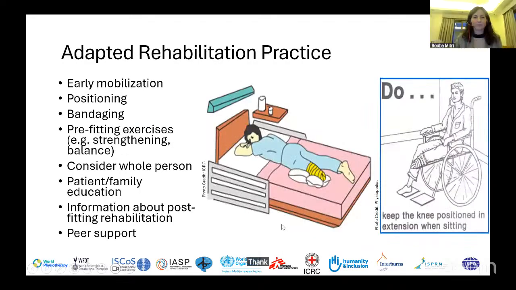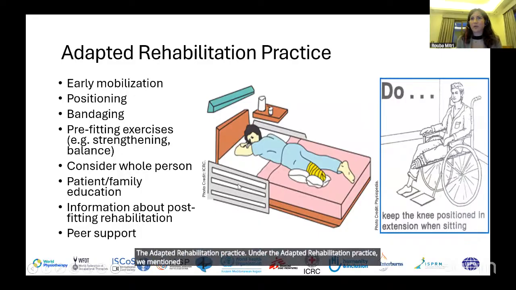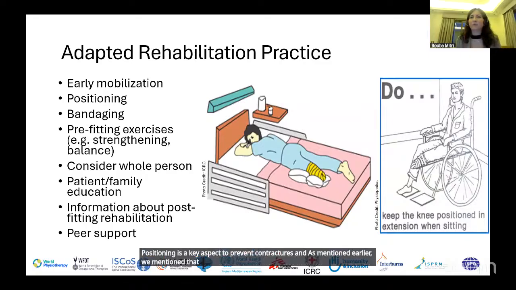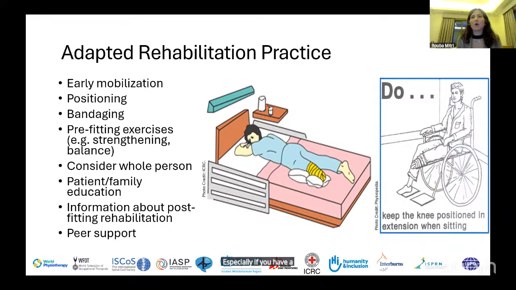Thank you. The adapted rehabilitation practice. Under the adapted rehabilitation practice, we mentioned that early mobilization is important to prevent complications. Positioning is a key aspect to prevent contractures. As mentioned earlier, the main deformities we might face are knee flexum, especially if we have a short stump, and also hip abduction and hip flexion, also if we have a short stump.